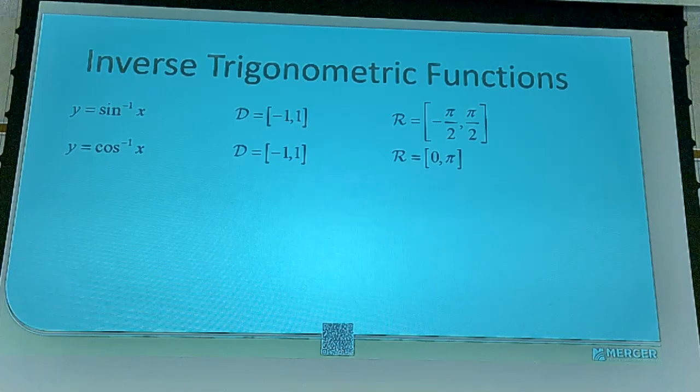The inverse cosine has the same domain, and the range is 0 to pi. Again, think in terms of the unit circle. What portion of the unit circle is 0 to pi?